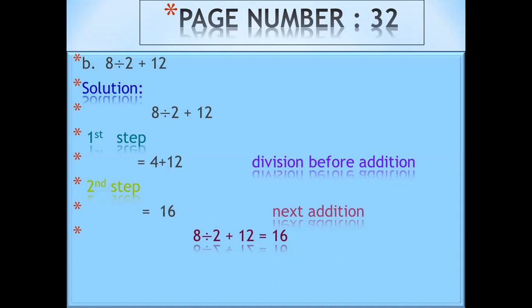When we divide 8 by 2, we get 4. 4 plus 12 is 16. Because there is a division sign, division will be before addition. After dividing 8 and 2, we add the numbers and our required answer is 16.